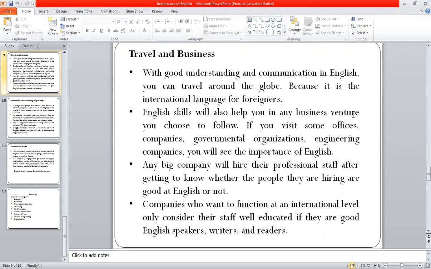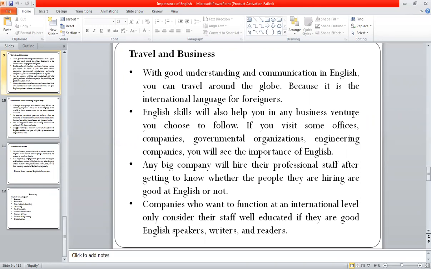Many engineering companies means what? Engineering companies like IT companies or multinational companies like TCS, Wipro, Infosys, Cummins, Cognizant. These are some of the MNCs having their offices spread all over the world. You will find offices of these information technology companies in many foreign or Western countries, like US, UK, France.